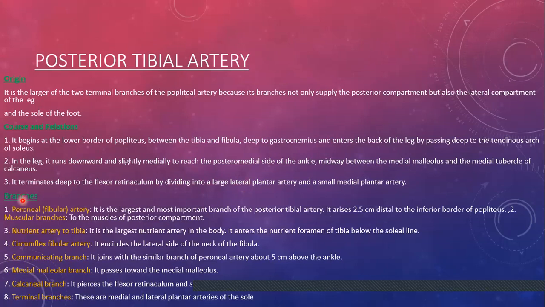Its main branch is the peroneal artery, which supplies the muscles of the peroneal compartment, namely peroneus longus and peroneus brevis.